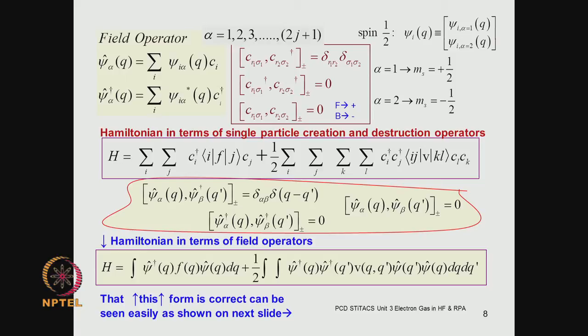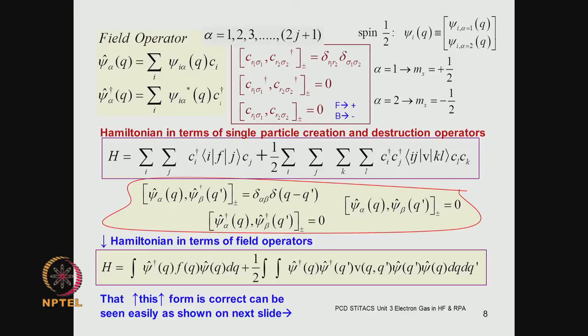So, you have got the integral psi dagger f psi corresponding to the 1 electron operators, and then you have got a double integration over q and q prime corresponding to the 2 particle interactions.